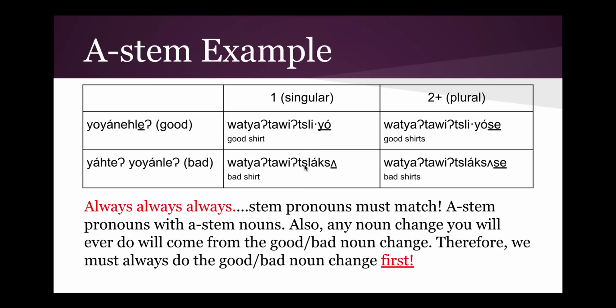What is it going to be? It's usually an SL, and it's usually on A stem nouns. So that SL has to come along with the noun when it gets incorporated, just like how we saw at the very beginning in the example of Wagadya Dawit Sly. I have a shirt.